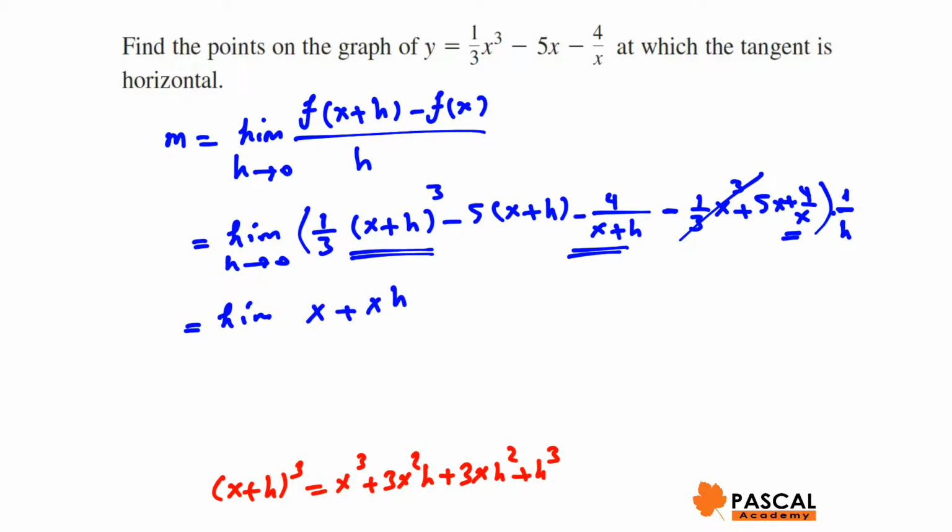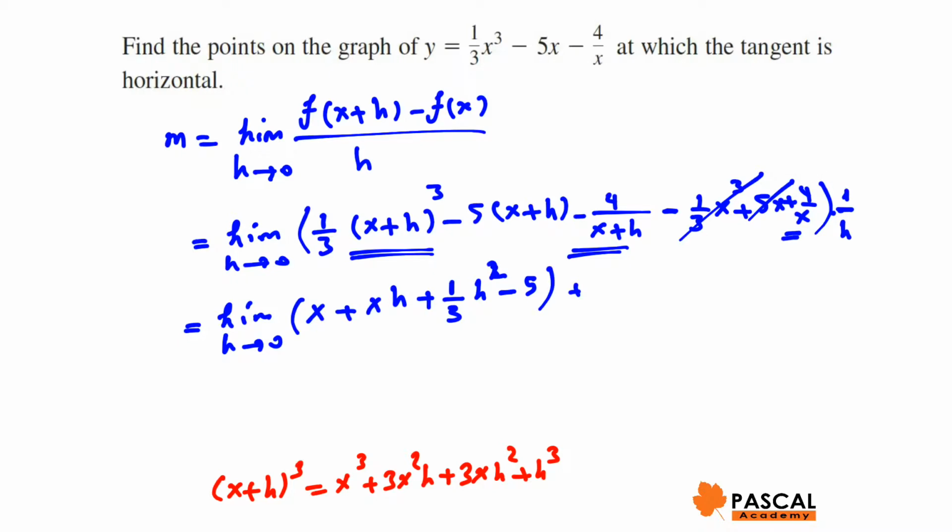We have 1/3 h^3 times 1/h, which gives us 1/3 h^2. Minus 5x and 5x cancel each other. We have negative 5h divided by h, which is negative 5.